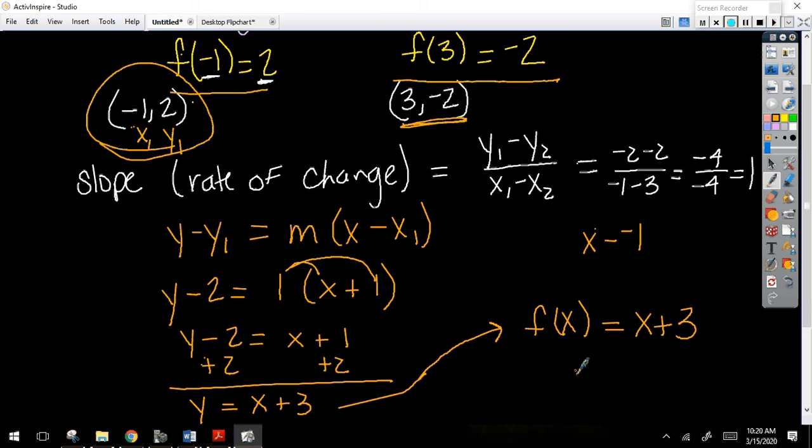Let me do one more with you, and then we will end this lesson. Let's say I wanted to write the equation of the line containing the points f of 1 equals 2 and f of negative 5 equals 3.